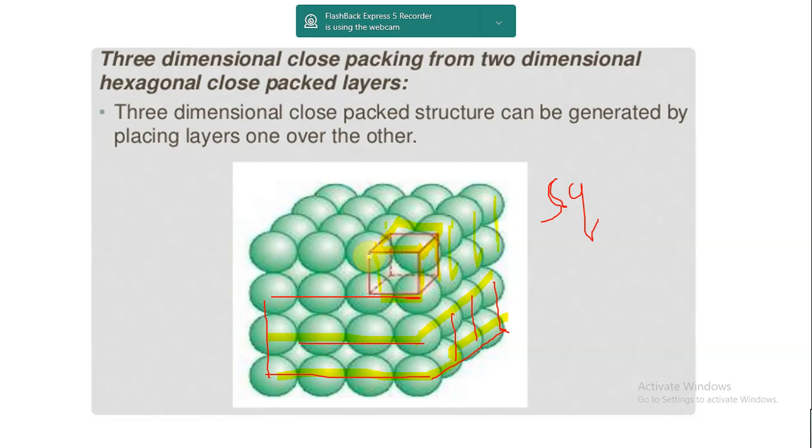So a kind of cube is getting generated now. If you see, a cube is getting generated. So this is what gives birth to the unit cell, the cubic unit cell.